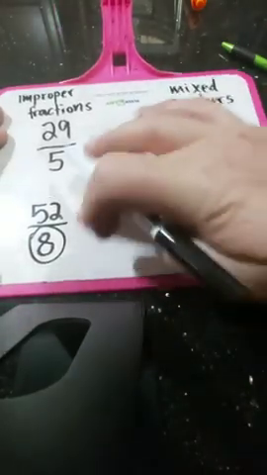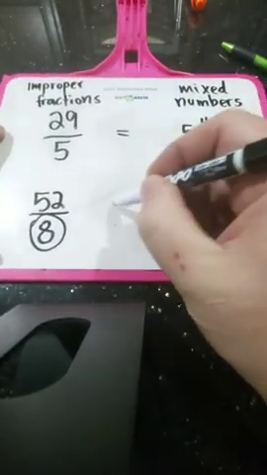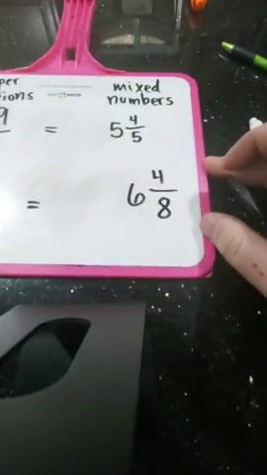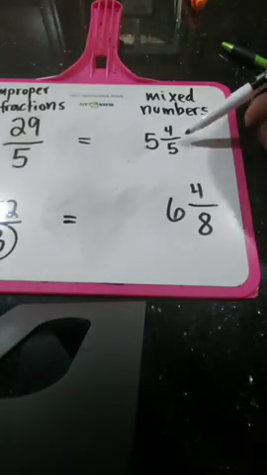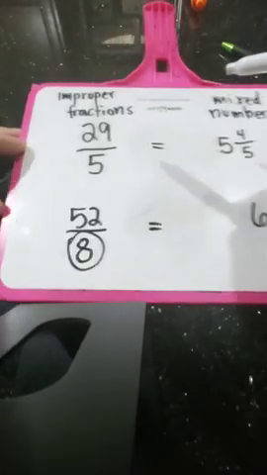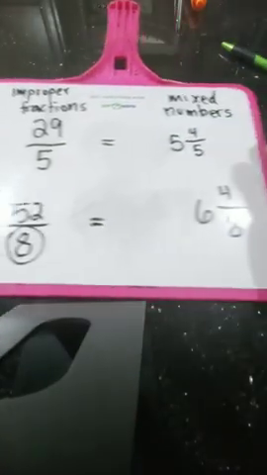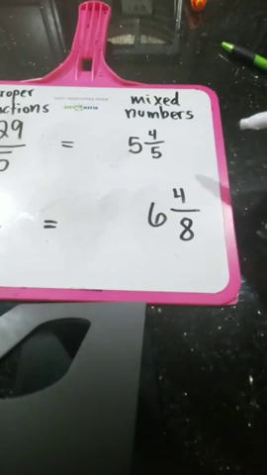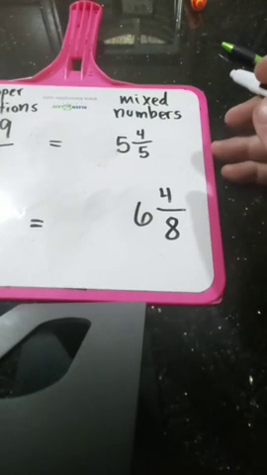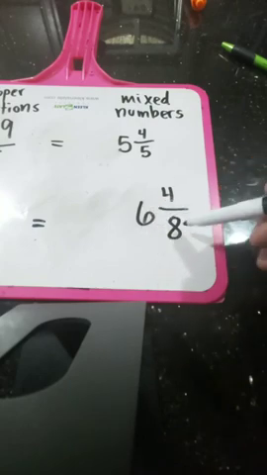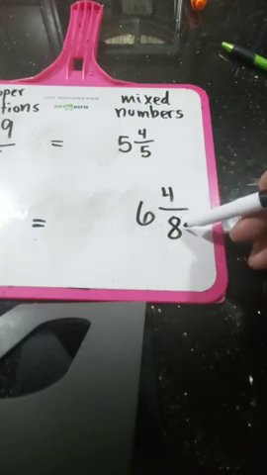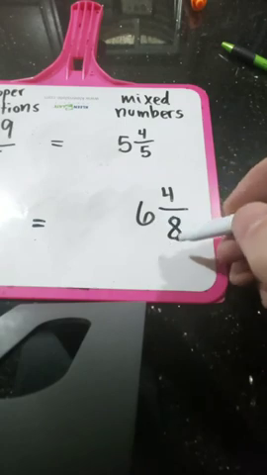So 52/8 can be converted into 6 4/8. And 29/5 can be converted into 5 4/5. This is a mixed number. This is a fraction. Okay? And again, if you ever want to double check your work, you do this. You say 6, which is our mixed number, times our denominator. 6 times 8 is 48.